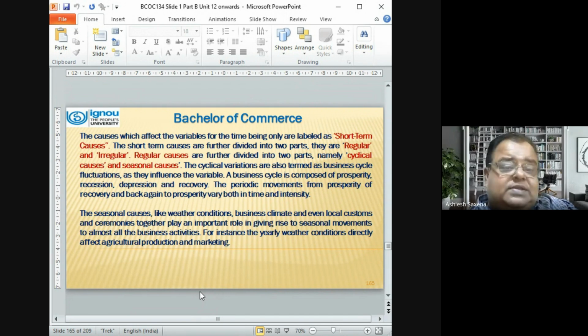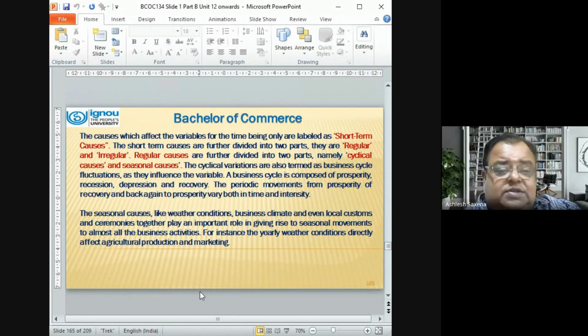The cyclical variations are also termed as business cycle fluctuations, as they have influence on the variable. A business cycle is composed of prosperity, recession, depression, and recovery. The periodic movement from prosperity to recovery and back again to prosperity varies both in time and intensity.